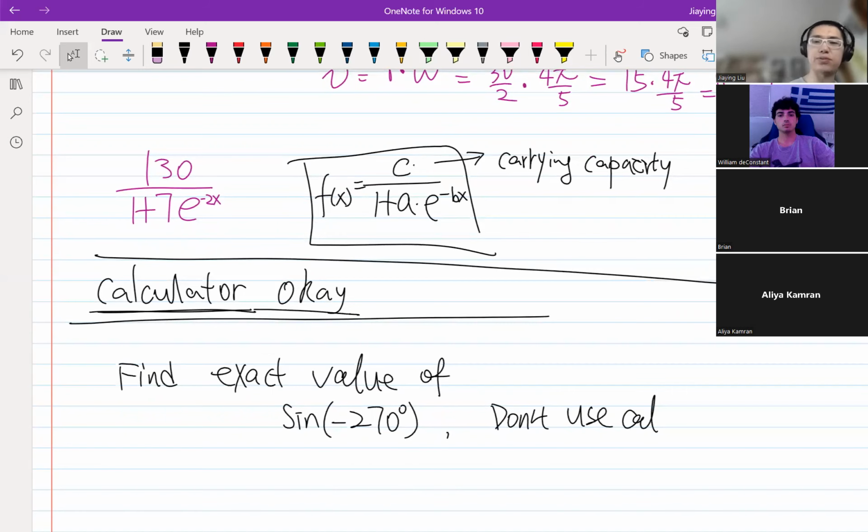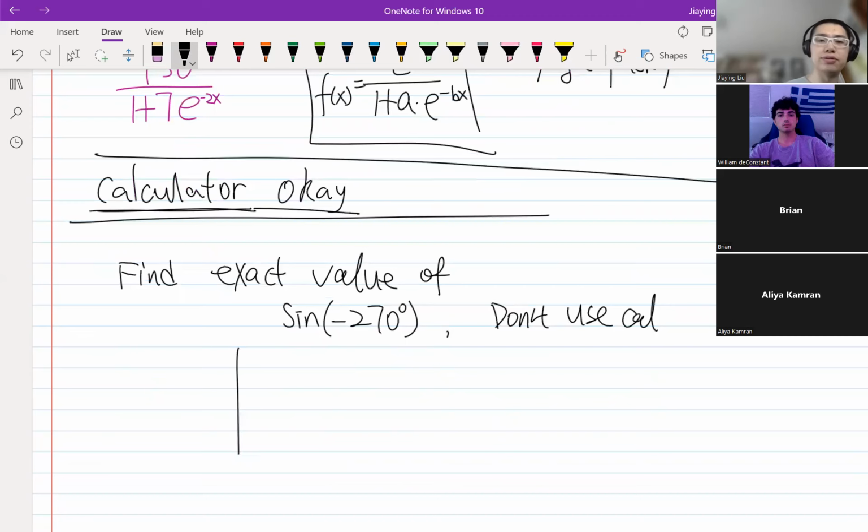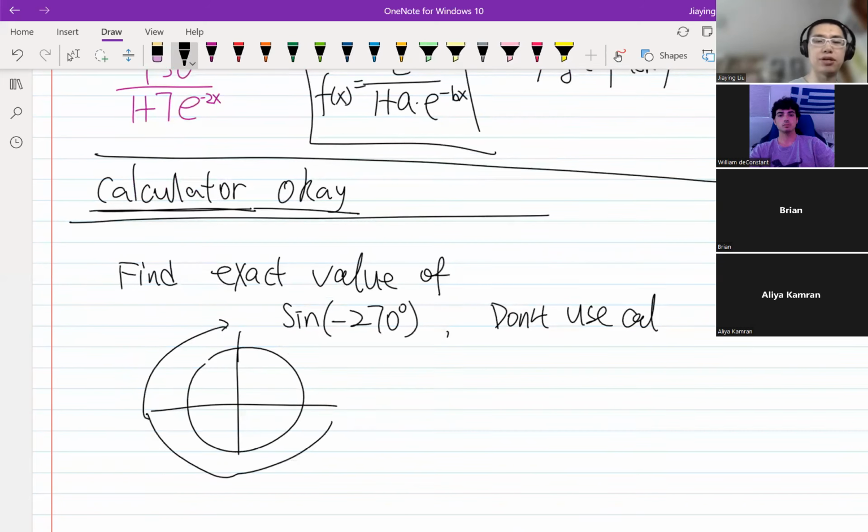For a problem like this, I want you to graph the angle negative 270 and then use the unit circle. So this is my unit circle, and this is negative 90, negative 180, negative 270. So it ends up here. We're going to use this point.